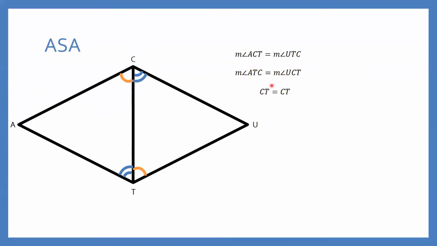And CT is the included side of the two pairs of angles. So we could say that angle ACT is congruent to angle UTC, angle ATC is congruent to angle UCT, and CT is congruent to CT. Therefore, triangle ACT is congruent to triangle UTC by the ASA postulate.